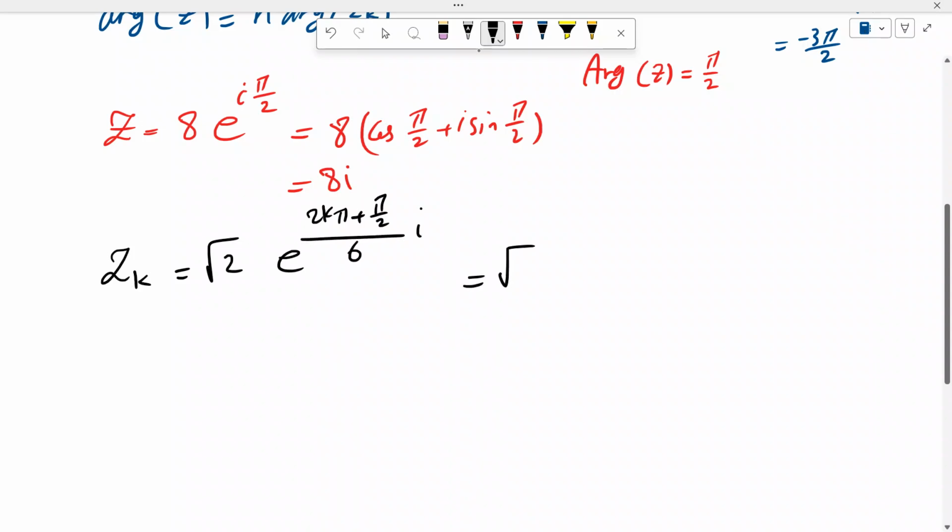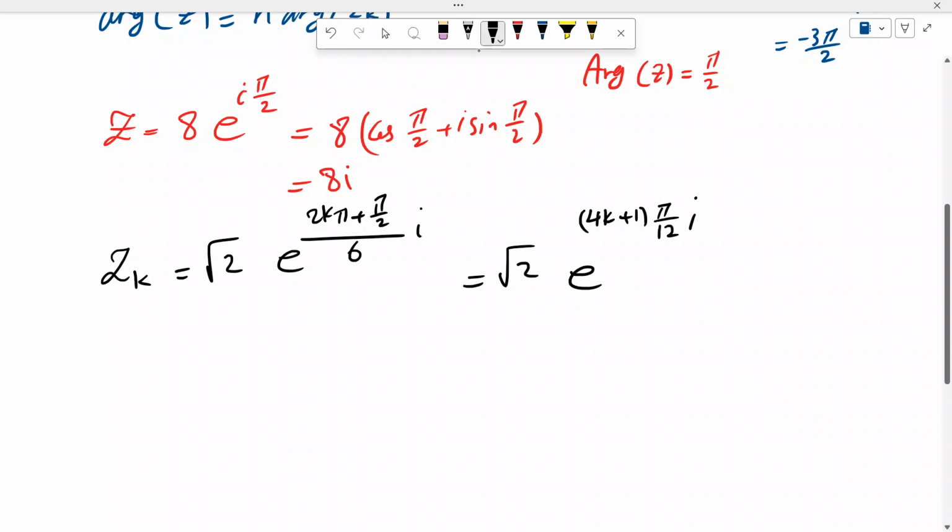Or if I simplify, it is e to the (4k plus 1) pi over 12 times i.